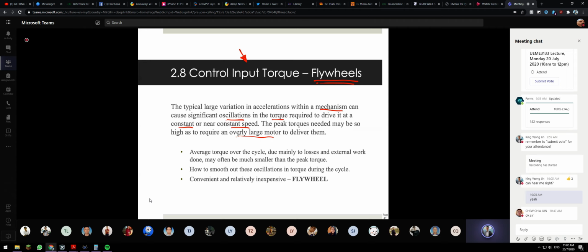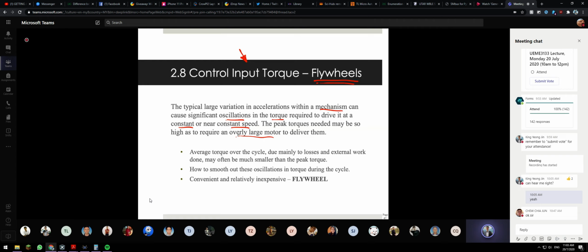When we calculate a system at every degree of rotation, we find the maximum torque, to make sure the motor we install onto the linkage can drive it at the desired specification of movement. So we have to size the motor to meet the maximum torque of the linkage.